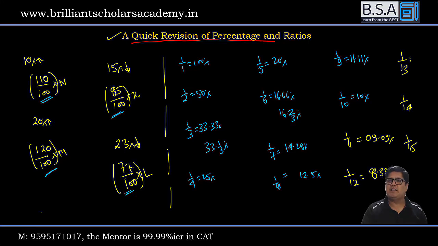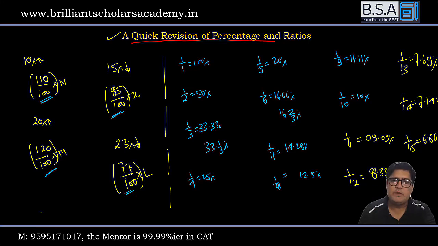Up to this point, I suggest you guys mug up values. You can go beyond these as well, totally up to you. But up to this point, you definitely put in effort and remember these numbers, remember these percentages.